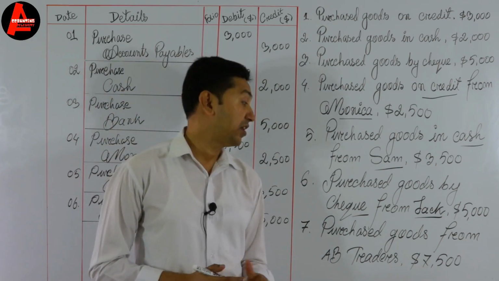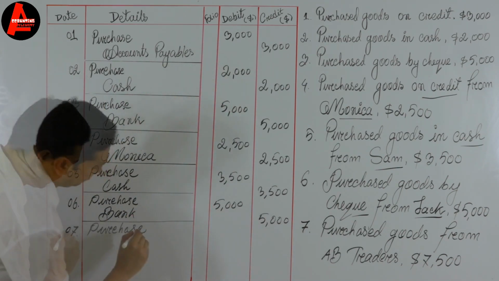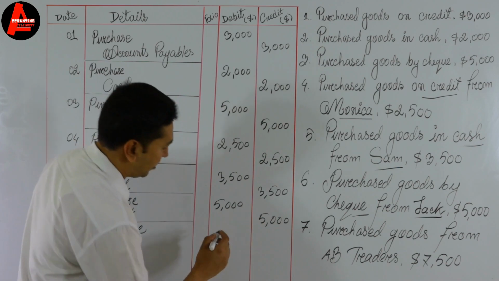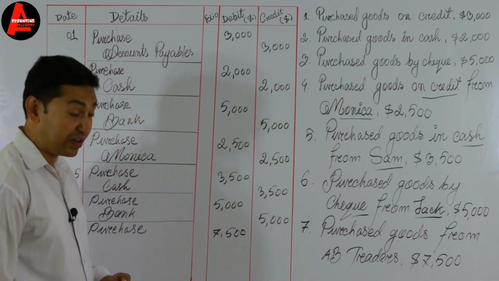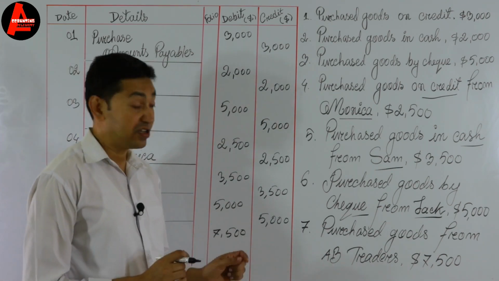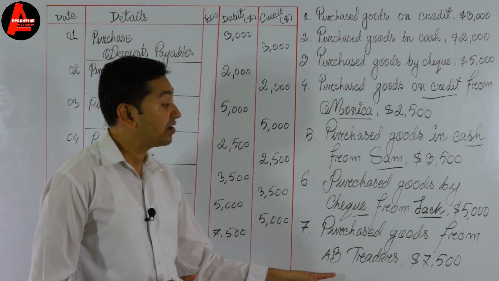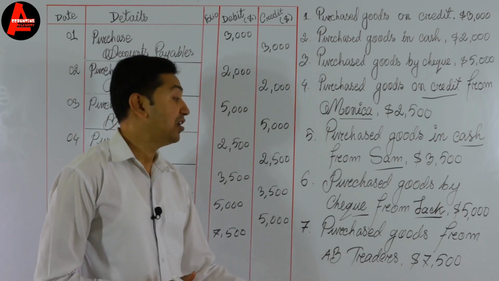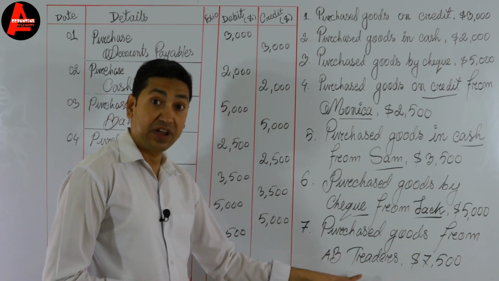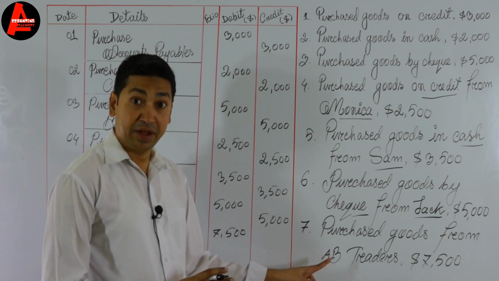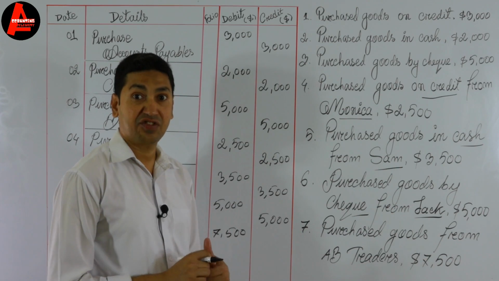So here let us write purchase debit, number 7. Purchase debit, how much? It is $7,500 on the debit side. Now tell me what to write. If you think that this is a cash transaction, you can write here cash. If you think that this is a credit transaction, you can write here AB Traders. I recommend, as AB Traders is written, the supplier name is given, that means we can consider it a credit transaction.